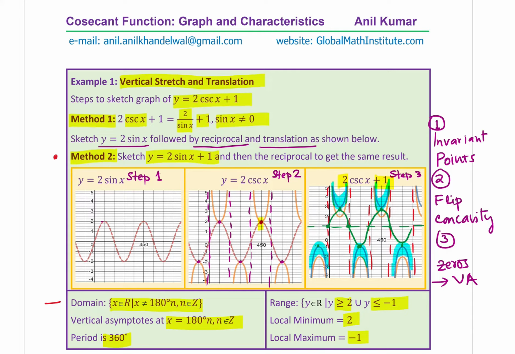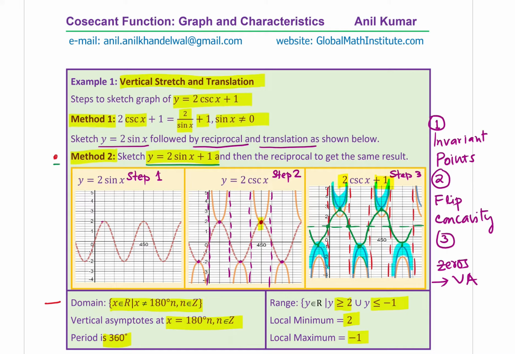If I sketch the sine function as such, which is y equals 2 sine x plus 1, after that, all those points on the axis where the sine function intersects will now become the vertical asymptotes, and the turning points will be common with the cosecant function, and the concavity flipped will give you the cosecant function, right? So you could do that also.